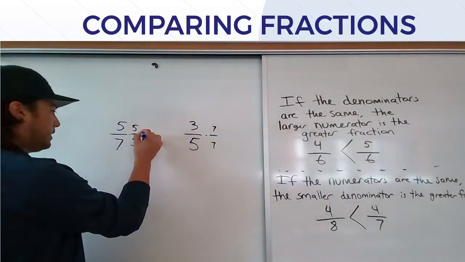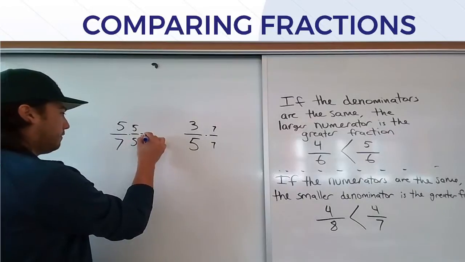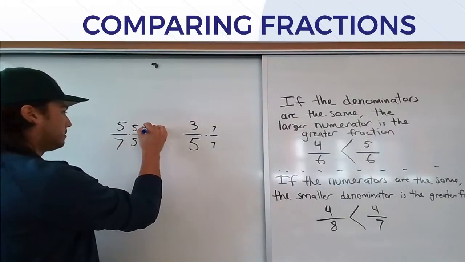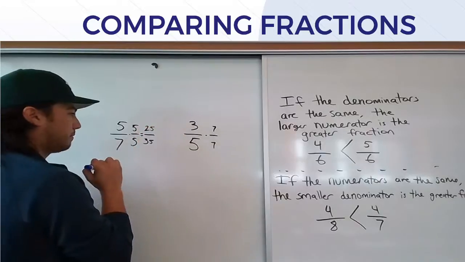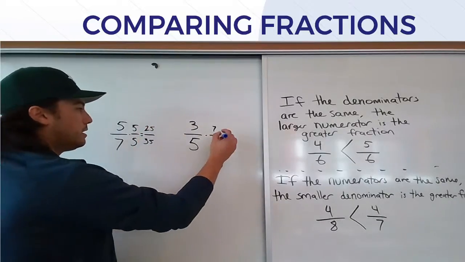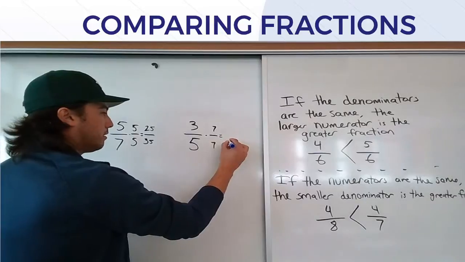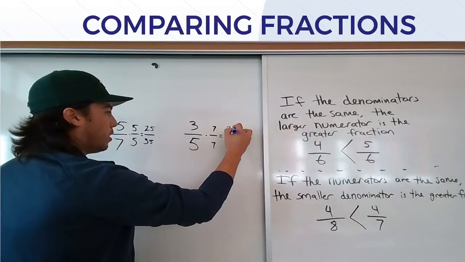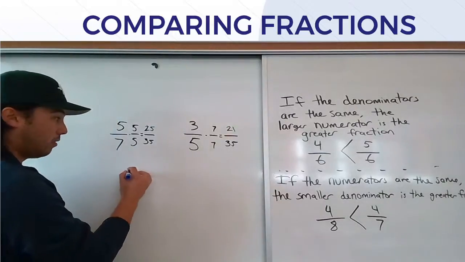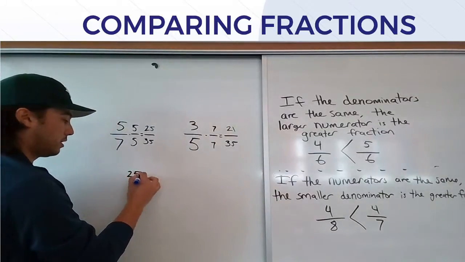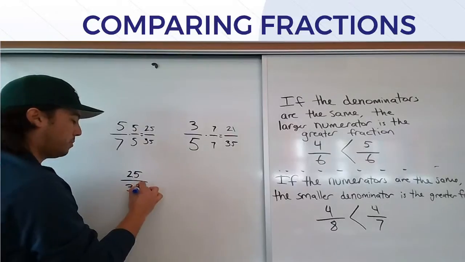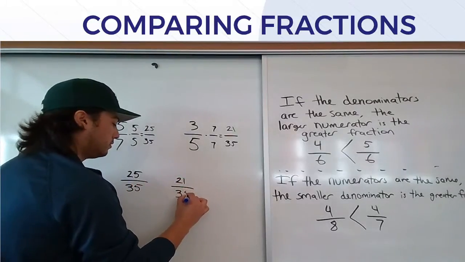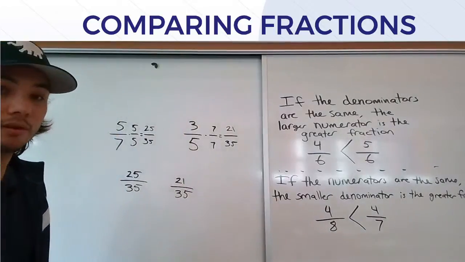But 7 times 5 is 35, and 5 times 5 is 25. And then over here, 5 times 7 is 35. 3 times 7 is 21. So now, since we've used our equivalent fractions, we're comparing 25/35 to 21/35.